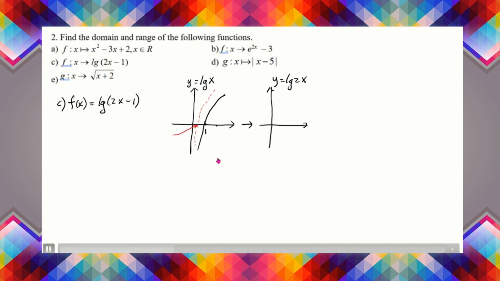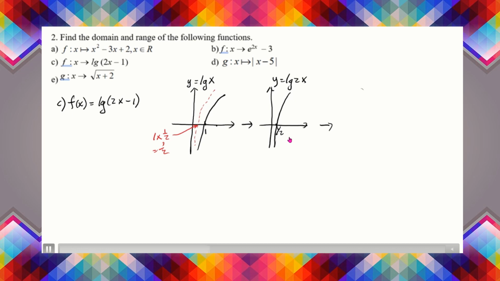After the enlargement, this critical point, initially 1, will shift to 1 over 2, because 1 is multiplied by the scale factor 1 over 2. So the new intercept is at 1 over 2.